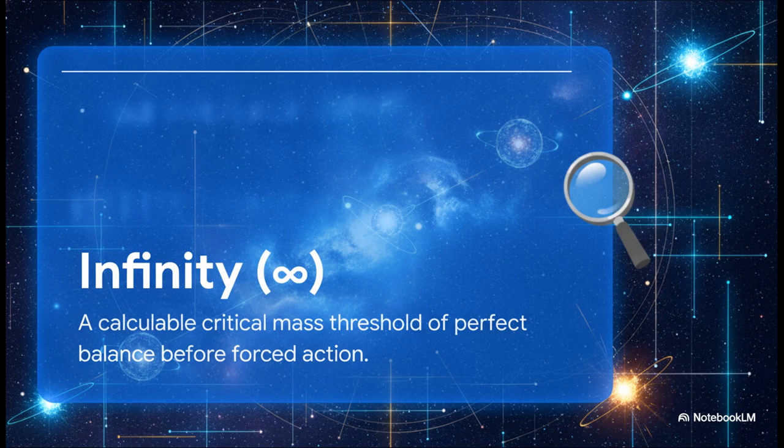But here, infinity is redefined as a real, physical threshold. It's the exact instant a system reaches complete balance before it's forced to take action, kind of like a star right before it goes supernova. In this model, infinity minus 1 is actually the highest stable operational state a system can exist in. So infinity becomes a hard physical boundary, not a never-ending journey.